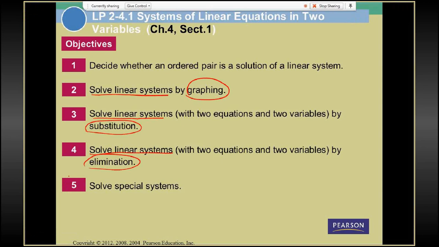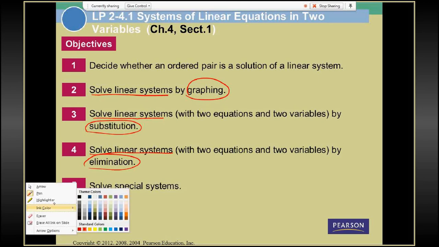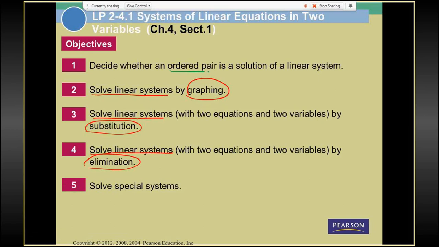So we're going to do those three main things today. But first off, they just want you to conceptualize what is an ordered pair, and why is it a solution of a system. An ordered pair is just a point. So we'll talk about that really quick. And then way at the end are special systems. So just write this down.